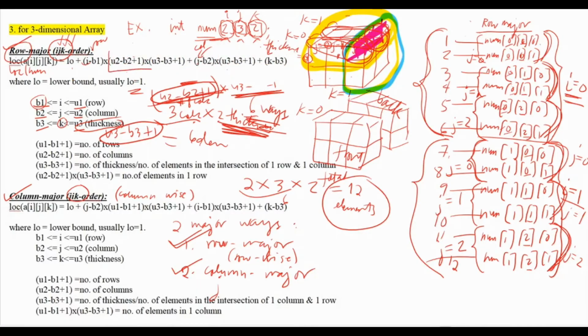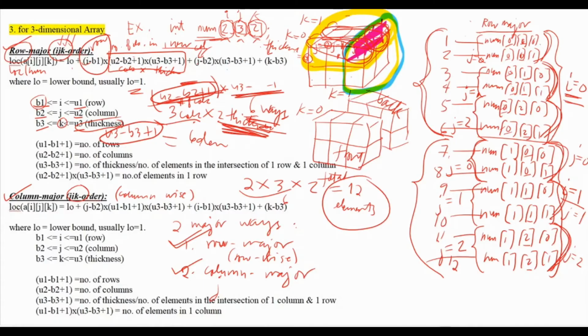For this part here, again, what is this? It's the number of elements in one row, because that is the row, the primary consideration. And how do you get the number of elements in one row? It is the number of columns times the number of thickness.